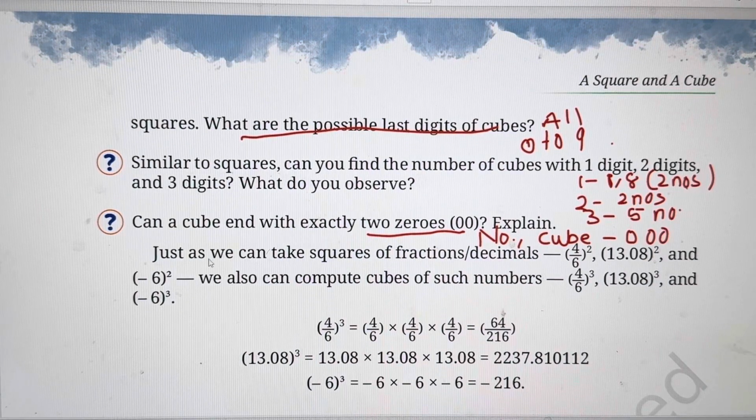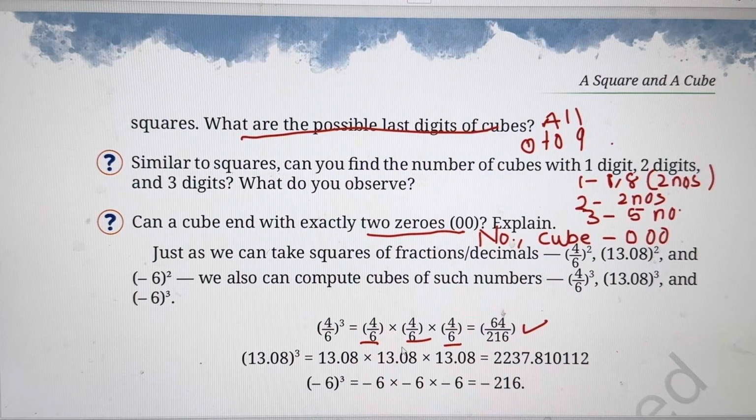Then, just as we can take squares of fractions or decimals, we can also find cubes of fractional numbers, decimal numbers, even negative numbers, right? If a fractional number is given, we just multiply it thrice. Like here, 4 upon 6 into 4 upon 6 into 4 upon 6, which gives you 4 cube is 64 and 6 cube is 216, right?